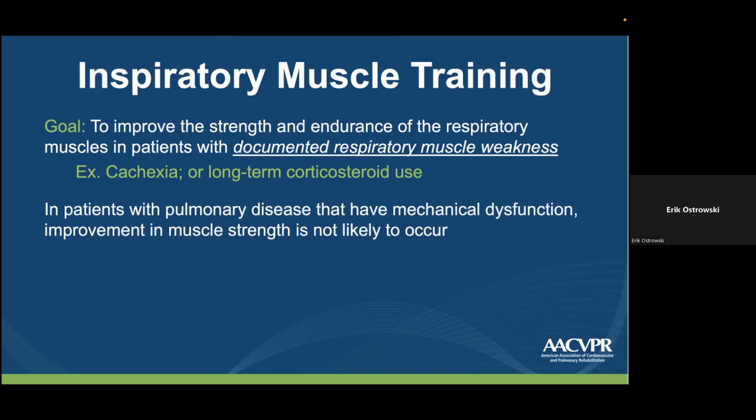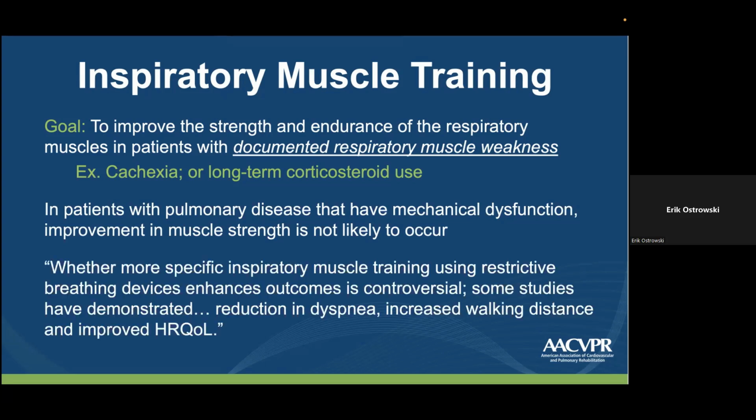But in patients with pulmonary disease that have mechanical dysfunction, so patients with COPD, we know they have mechanical dysfunction of the muscles. It's not necessarily respiratory muscle weakness. Improvement in muscle strength is not likely to occur in these patients, so certainly keep that in mind.